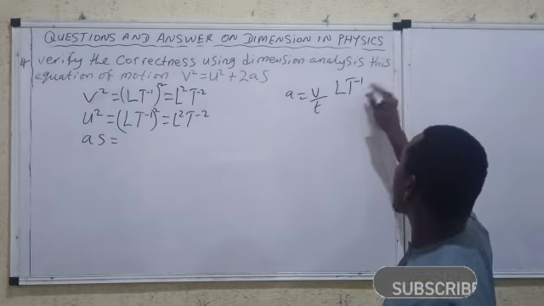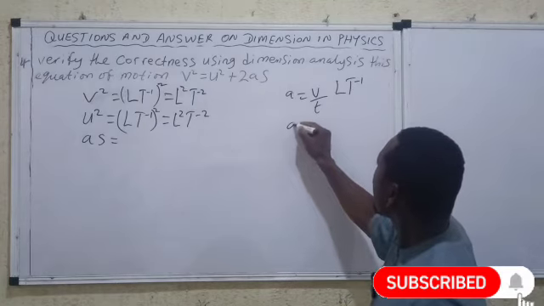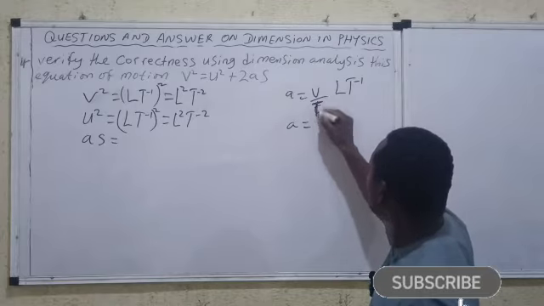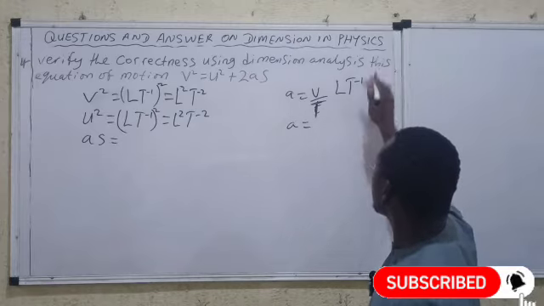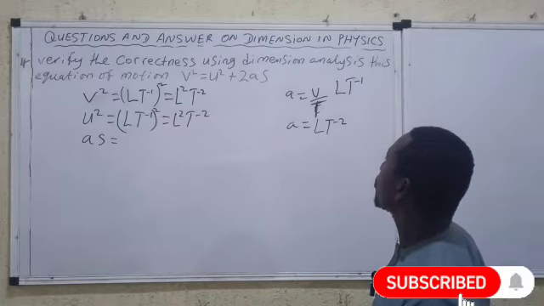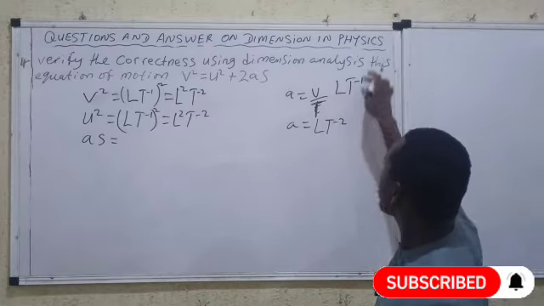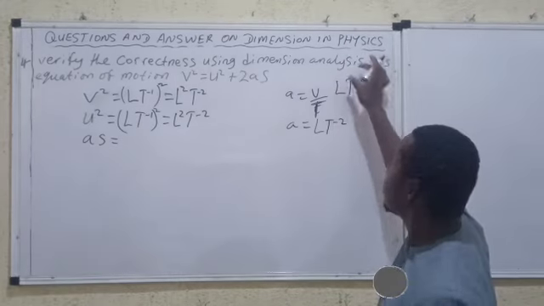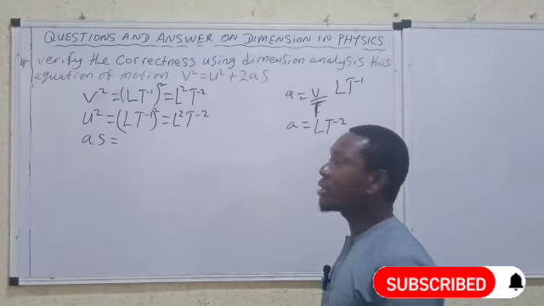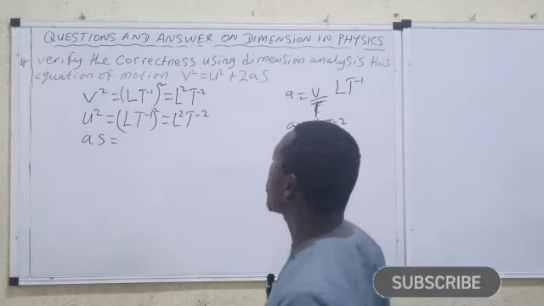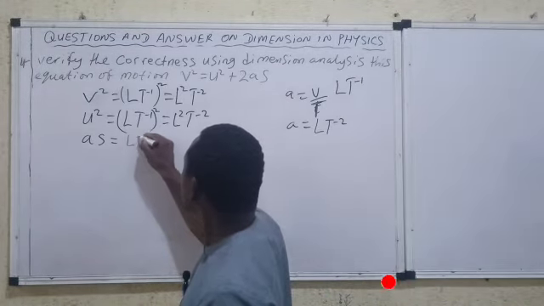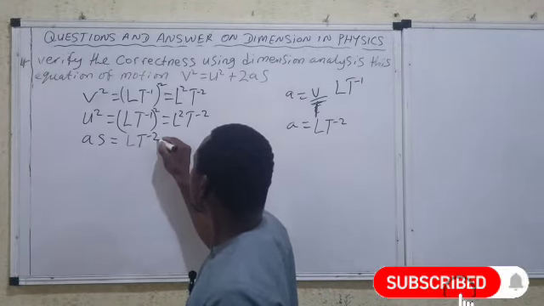If I put the time back, this becomes t, and if I take this t upward, it becomes L t negative 2, because you've taken it to the numerator. It's a very simple indices calculation. So a here will be L t raised to negative 2.